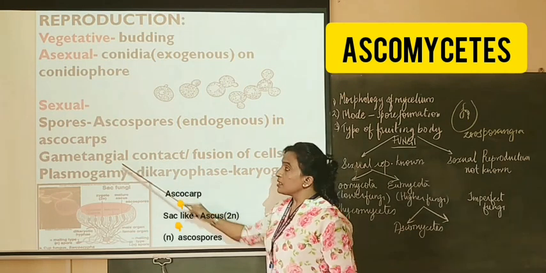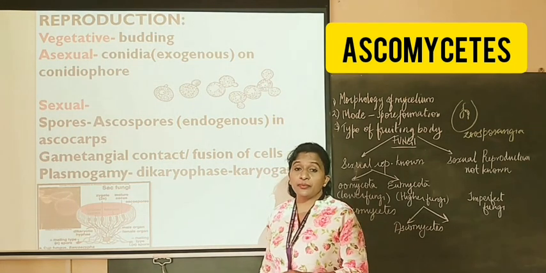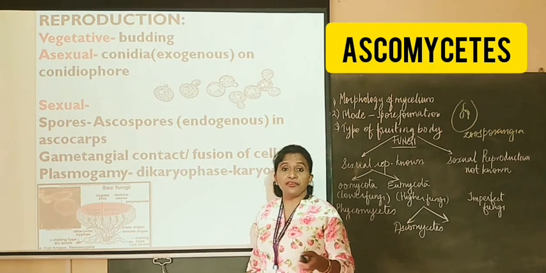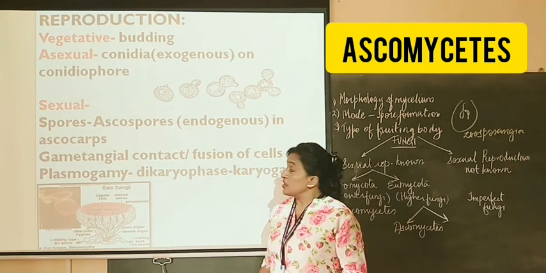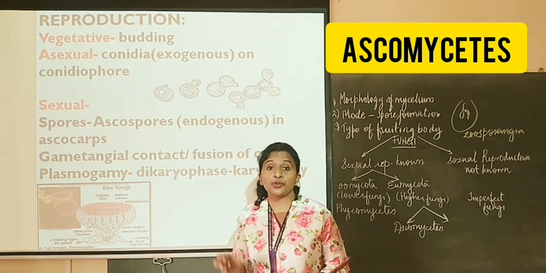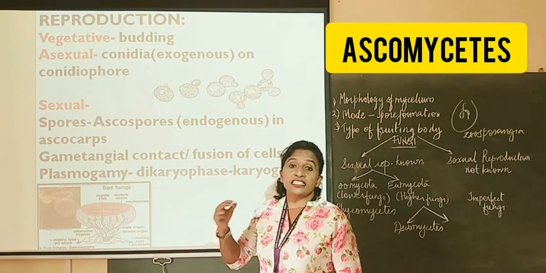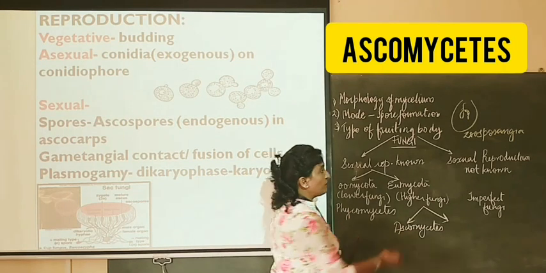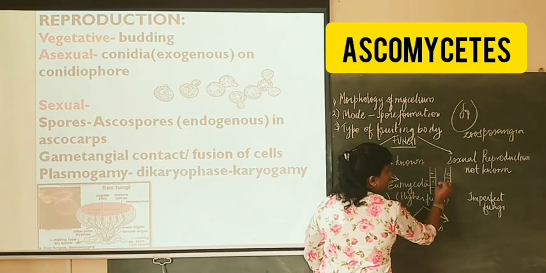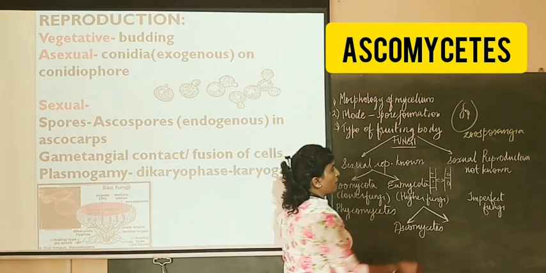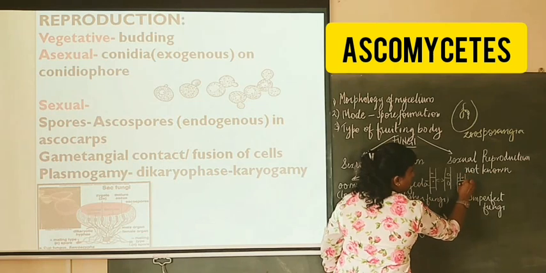Then there can be gametangial contact, where the male gamete will be released into the oogonium and fusion will take place, or there can be fusion of cells. Here the hyphae can come closer to each other and fusion will take place. We had discussed this in the salient features of kingdom Fungi, wherein two hyphae come closer to each other and form a cell having two nuclei.